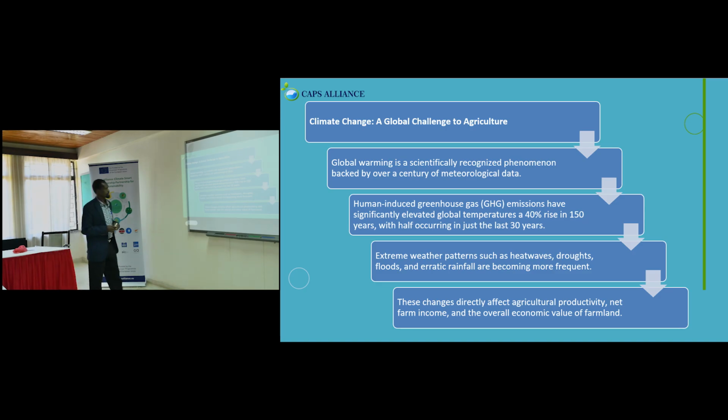The others are extreme weather patterns such as heat waves, droughts, floods, and erratic rainfall. I don't know what you can say about the climate in Egerton in general. What can you say about the climate around Egerton? Is it friendly? Very cold?